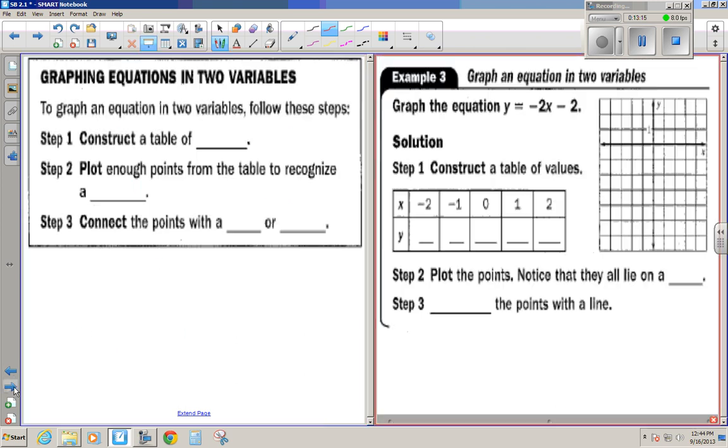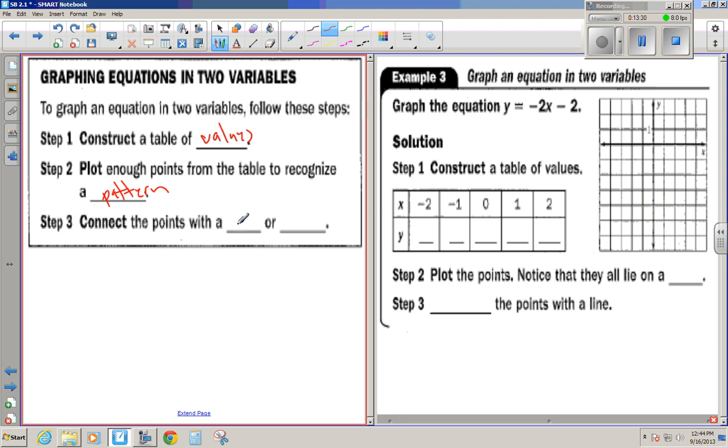All right. Graphing equations in 2 variables. Construct a table of values. Plot enough points from the table to recognize a pattern. And then connect the points with a line or curve.